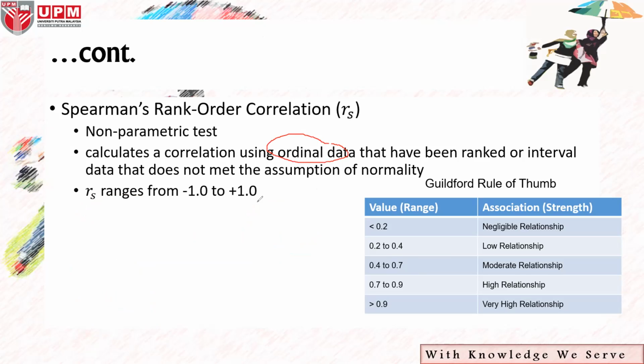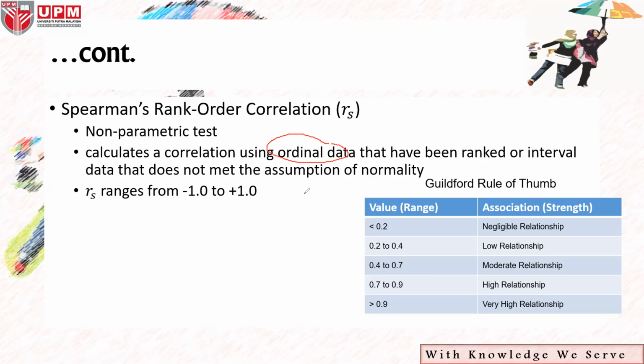If our IV and DV are categorical, then we have to use Spearman rank order correlation. Two situations. First, if we have interval or ratio data but at least one of them is not normal, we are forced to use Spearman rank order. Second, if the scale of measurement of our IV and DV is ordinal, then we have to use Spearman rank order.